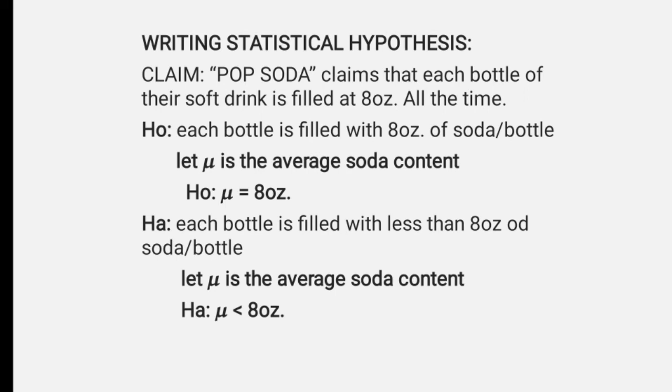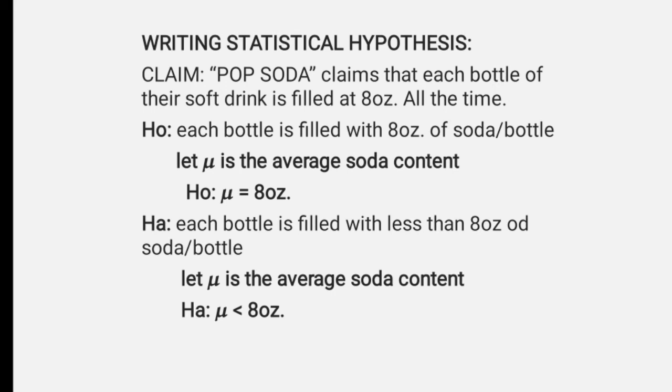So that is what we are going to test in this particular claim. So based out of our sample, we're going to write that the mu of the population mean, which is the average soda content, will be less than 8 ounces. So that is what we're going to test based on our sample.